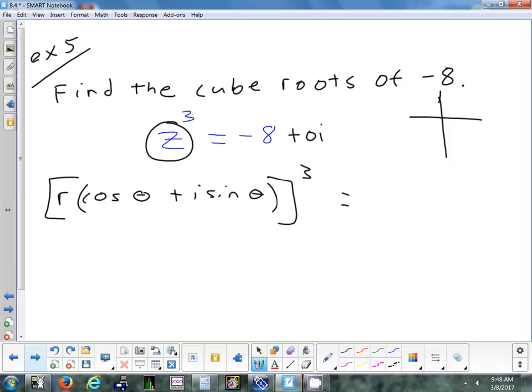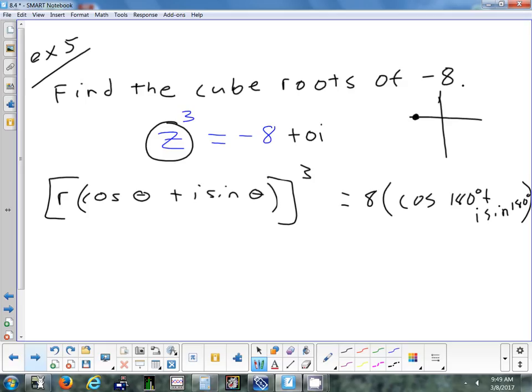This one doesn't have an imaginary part. It's just left 8. So what's the radius if you go left 8? 8. And what's the angle if you went left? 270 would be down. 180. Okay, so we got our angle, got our radius. You can put it all on the same line.